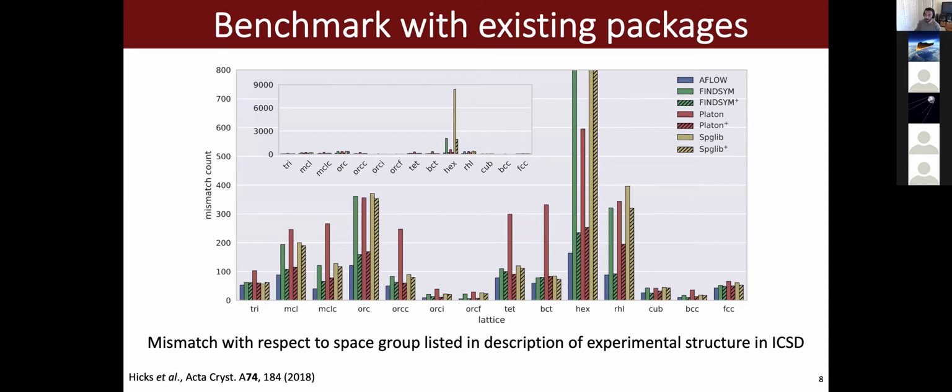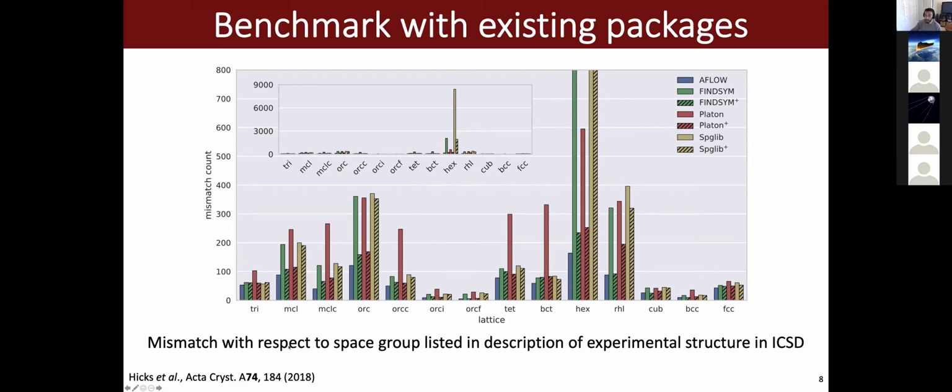So from the experiment, they maybe did XRD or something, and they found the space group experimentally. And then we went to the software packages and, based on the coordinate information, had them calculate what the symmetry was. So basically we're comparing experiment to computational calculation.